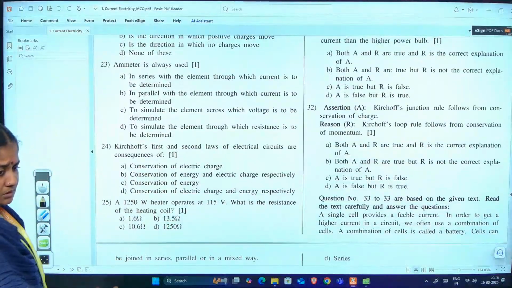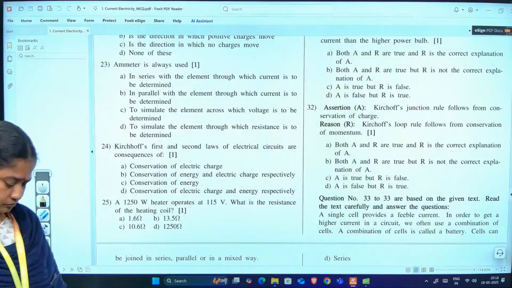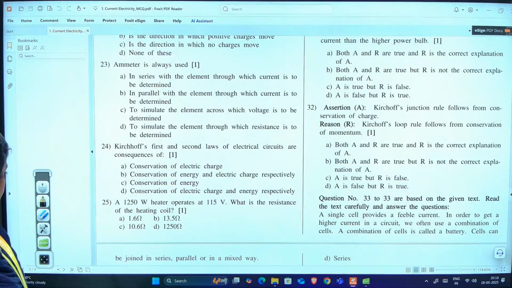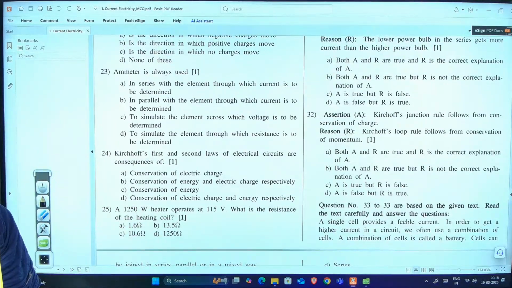You have noted down the numbers? Calculate and tell me. P is equal to V square by R.